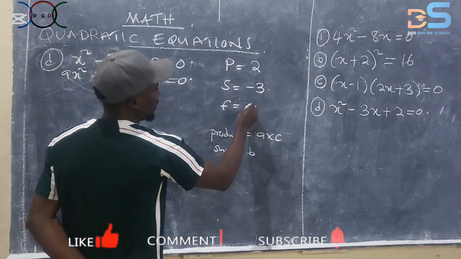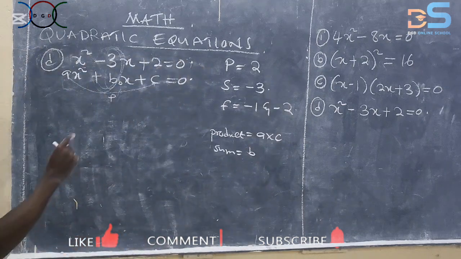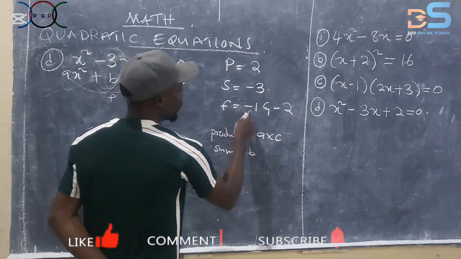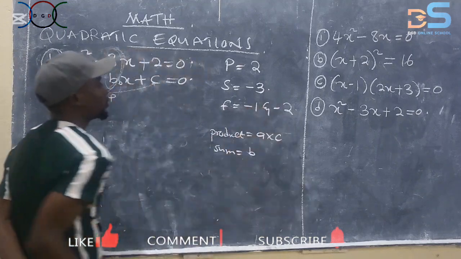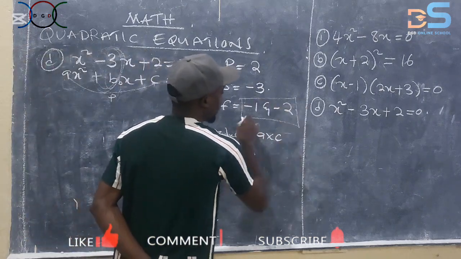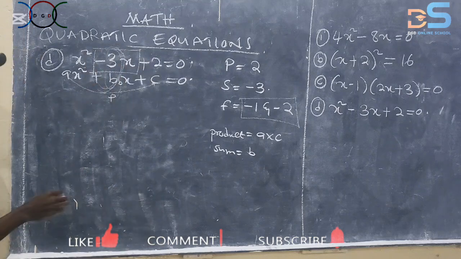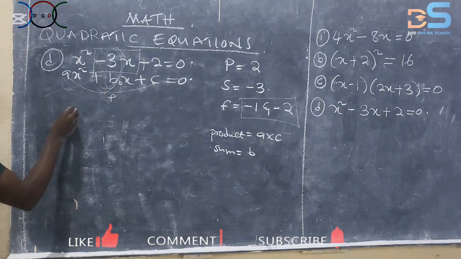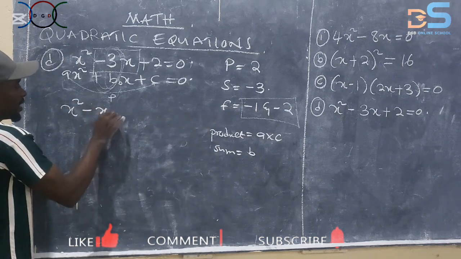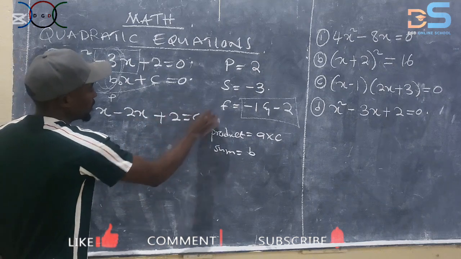So the two numbers that we multiply to get 2, and when we add them we get negative 3, are negative 1 and negative 2. Because negative 1 times negative 2 gives positive 2, and negative 1 plus negative 2 gives negative 3. Now these factors are what we are going to replace our sum with. So we get the equation x squared minus x minus 2x plus 2 equals 0.